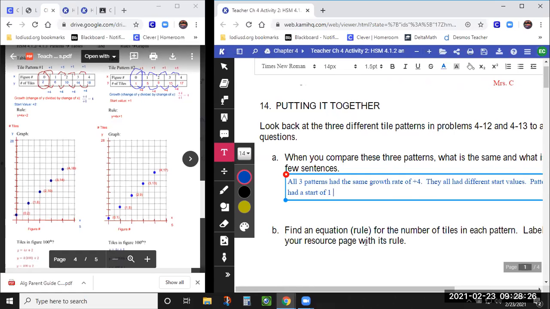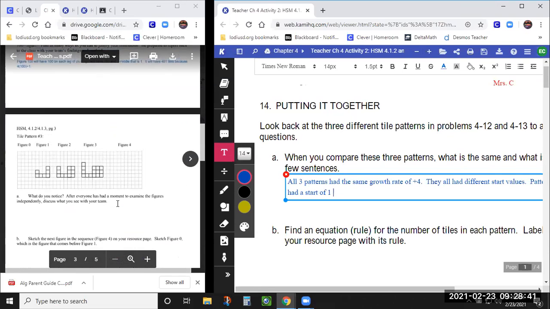What are we saying for pattern 2? Start of one what? What are the objects that we're looking at? What do these little boxes stand for? Oh, tile. Okay, one tile.